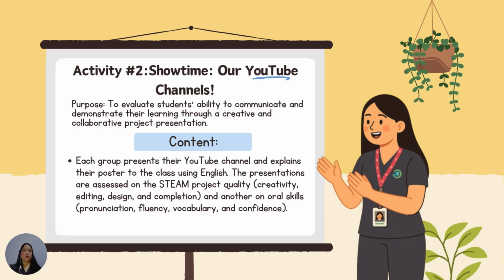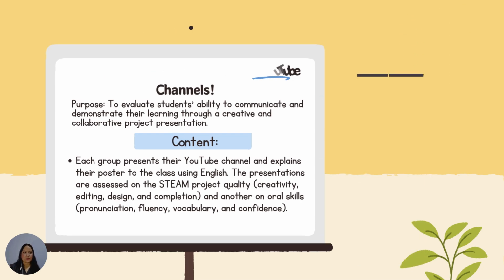And one for the oral presentation skills, because this project tries to reinforce their abilities like speaking, writing, and reading. In this rubric, they are going to be evaluated for vocabulary, clarity, interaction with the audience, what they explain, and the way they explain.